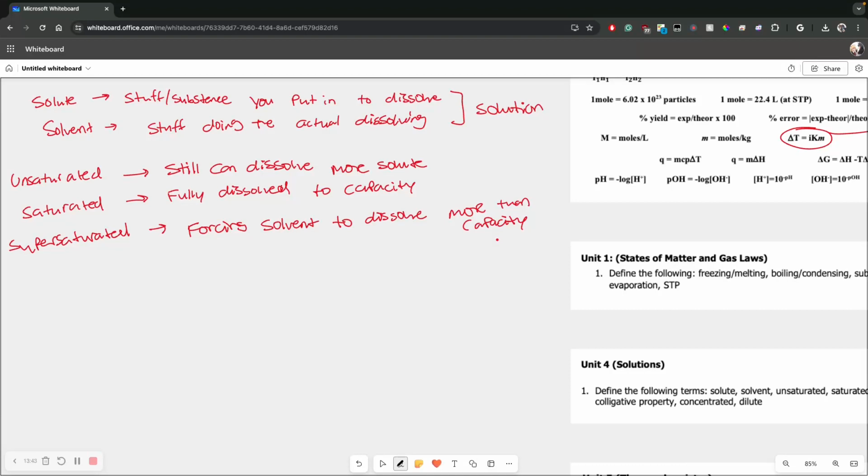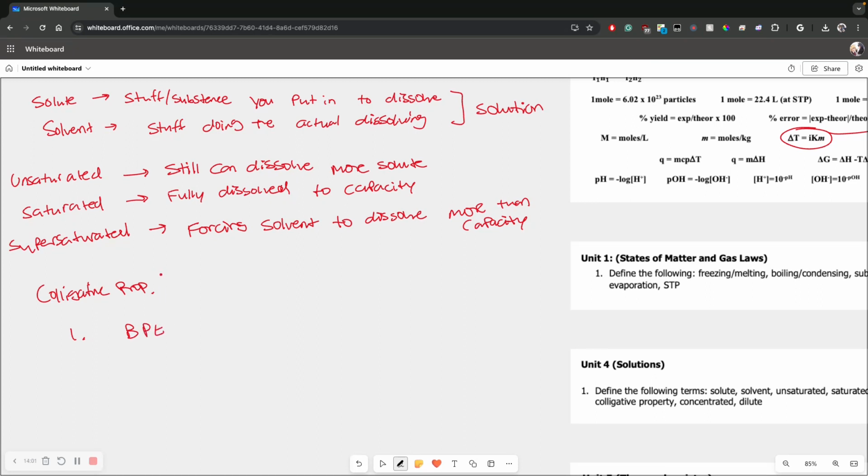Colligative properties, you need to know boiling point. Let's just write this out as well. Colligative properties, my favorite. You're going to have boiling point elevation.